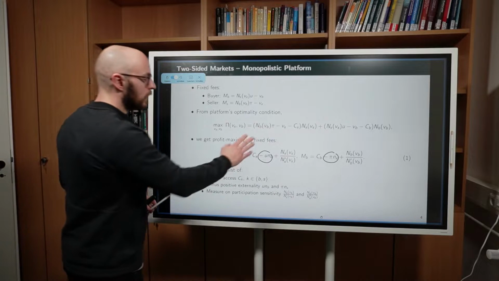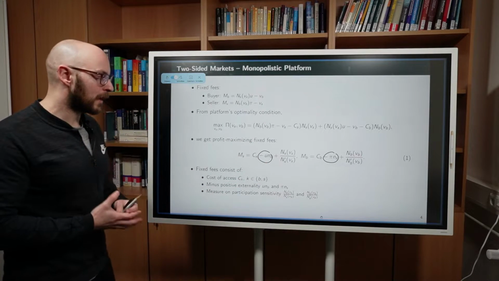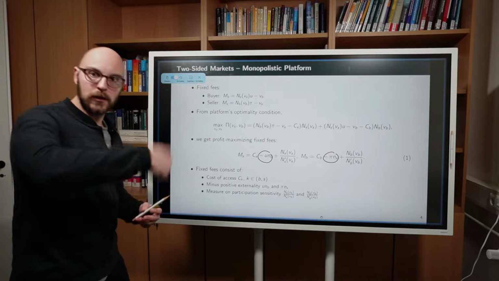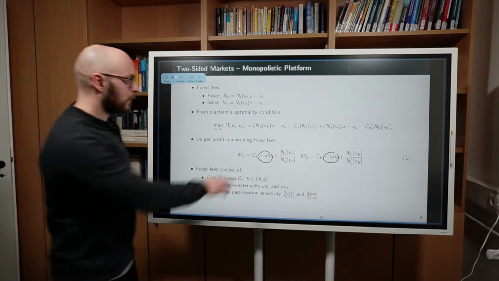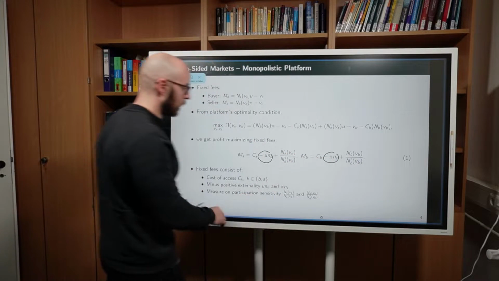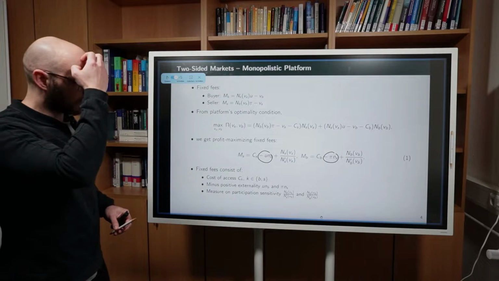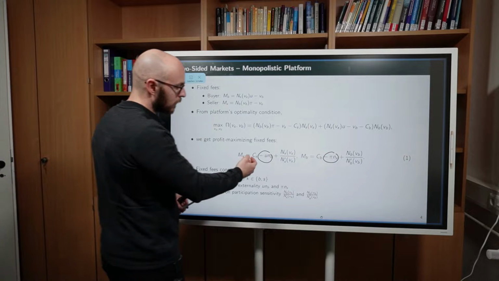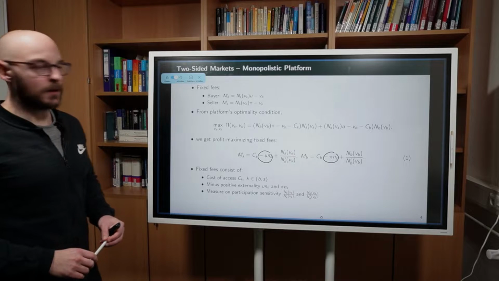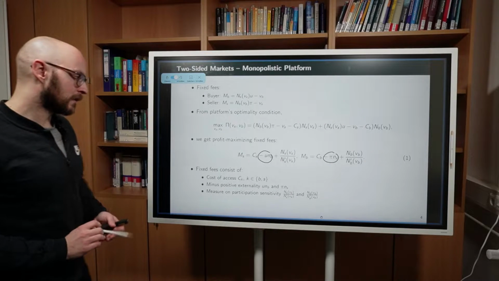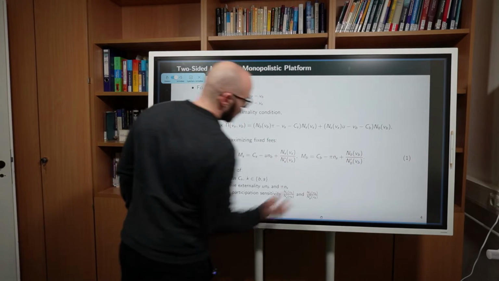So it will reduce the revenues that you get, or the profits that you get as a platform, from the buyer that would be attracted by the seller that you have just lost because you increased the fixed fee, right? And that is basically captured by these two terms here, right? So the fixed fee that you charge the buyers is negatively influenced by the utility of the buyer and the number of the buyers, right? So that basically takes into account the network externalities of each market side.